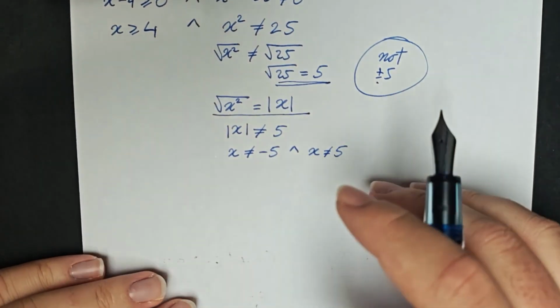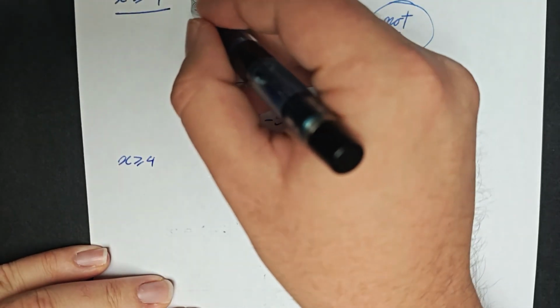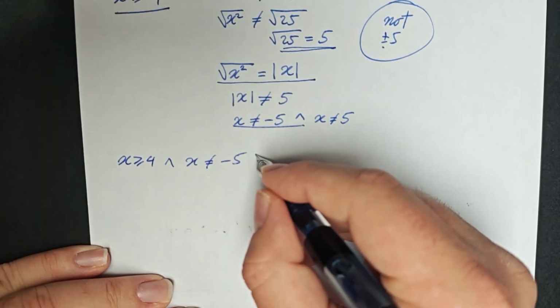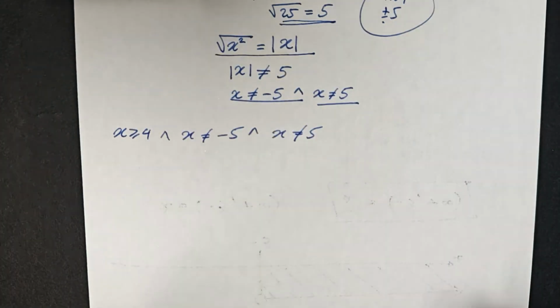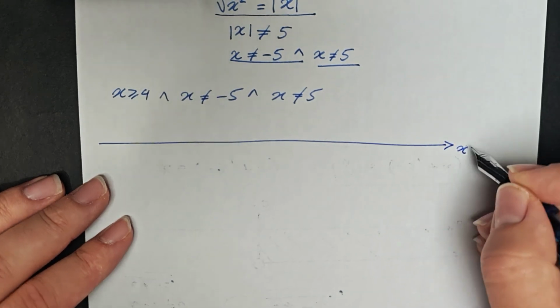Finally, we have our conditions. X is larger or equal to 4, and x has to be different from negative 5, and x has to be different from 5. Let's put all of this information on a line of real numbers.